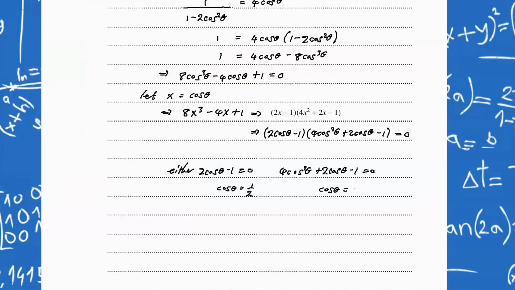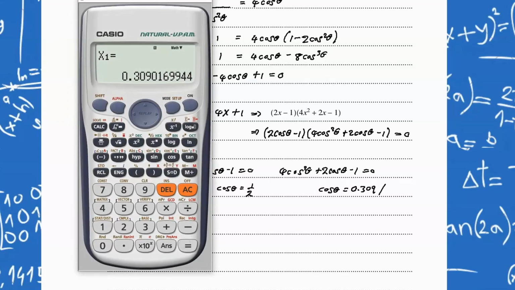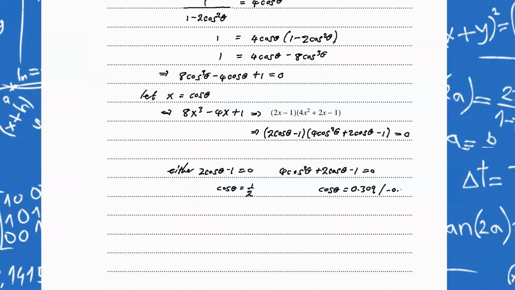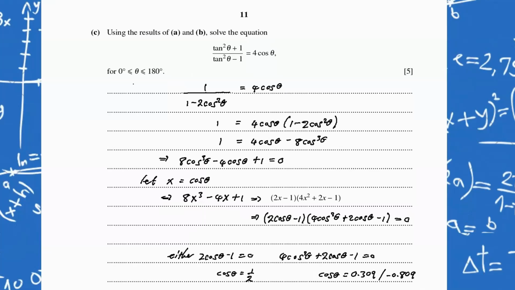0.309, and the other one should be minus 0.809. So these are the values we have. Now we know that the values we are looking for are between 0 and 180.